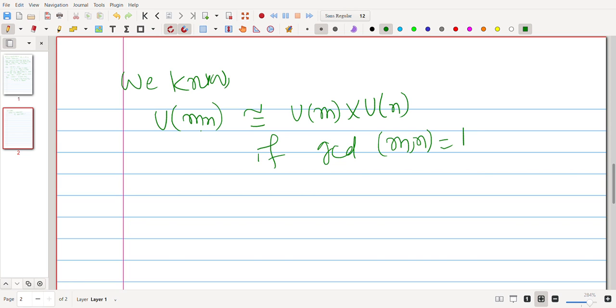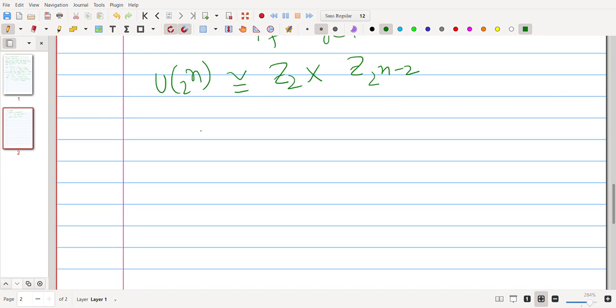And U(2^n) is isomorphic to Z2 cross Z(2^(n-2)). I'm going to use these two results. These are pretty trivial results, and by using this we can easily solve this problem.